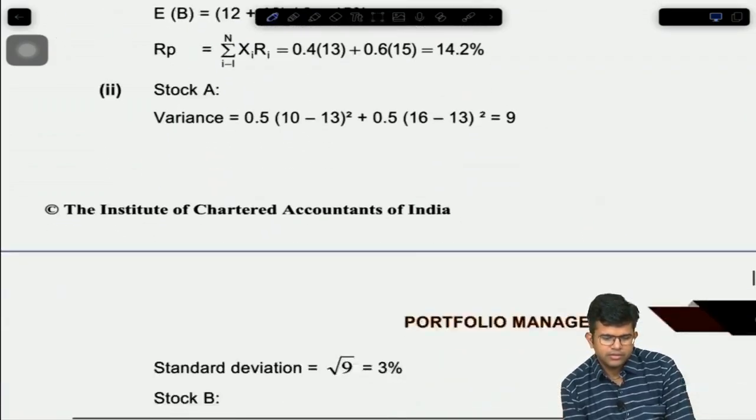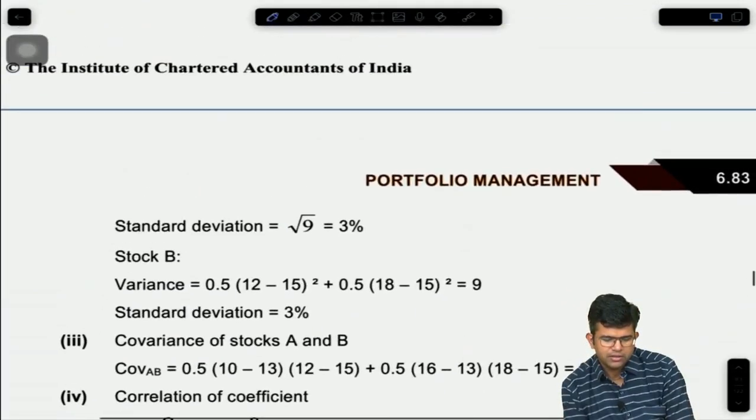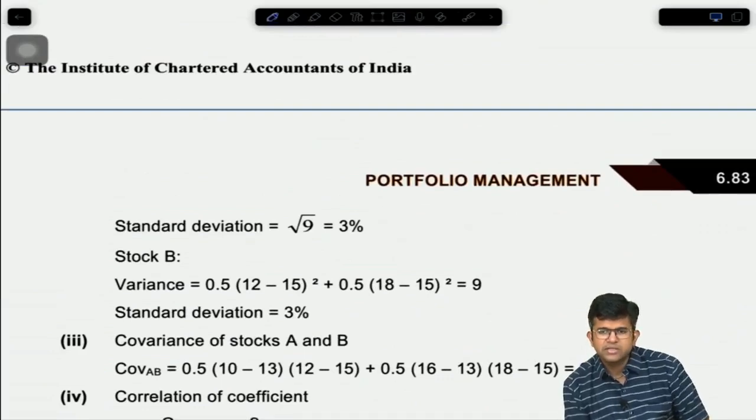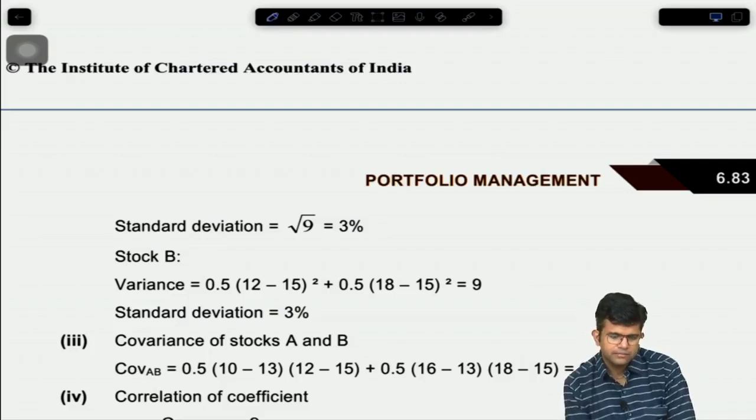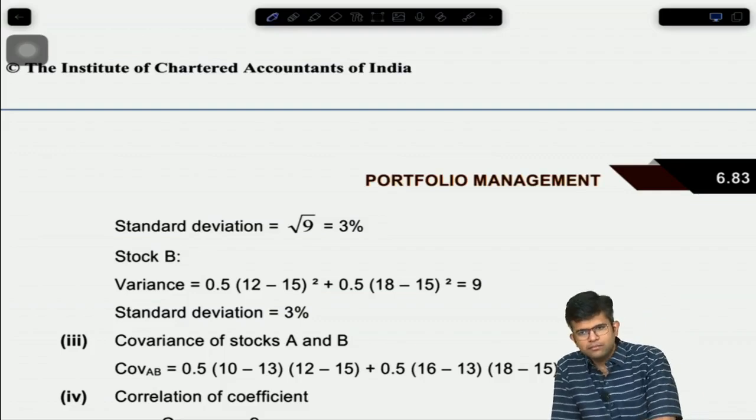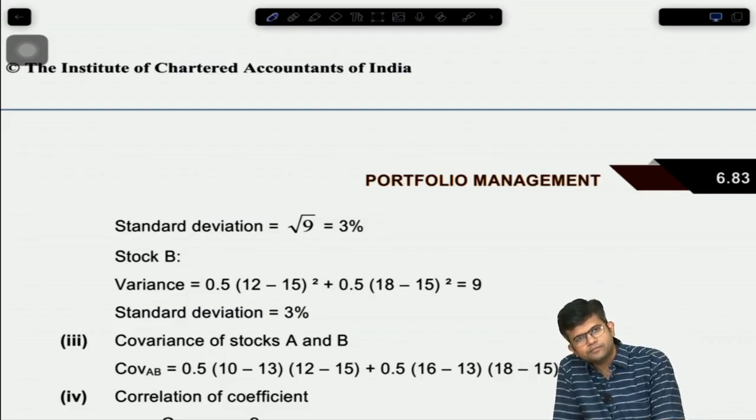Alright. Second point answer, is it 3% for both? 3 and 3. If you got it, give me a yes. 3 and 3. Very nice.